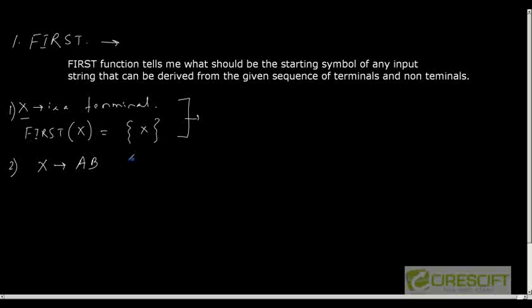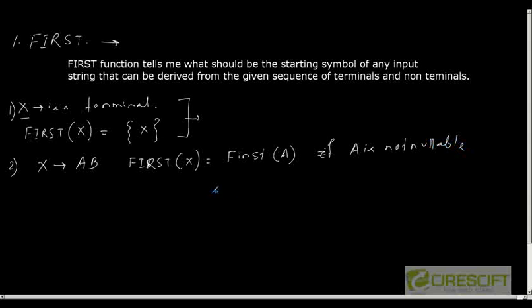Then we define first of X as equal to first of A if A is not nullable, and it is equal to first of A union first of B if A is nullable.